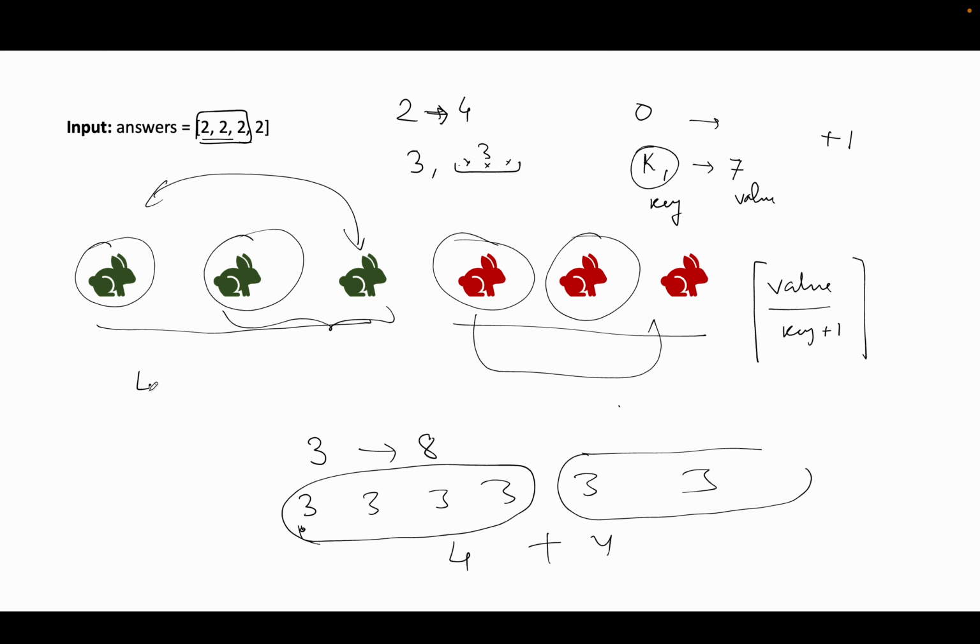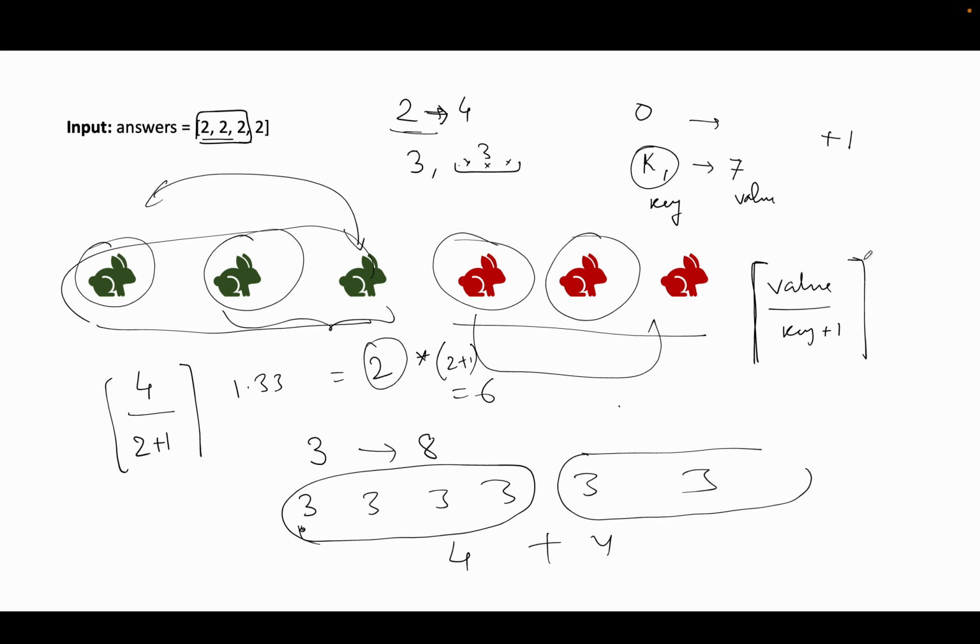So 4 divided by 2 plus 1 and ceiling. So it's 1.33. So 2. So we have to repeat this 2 times and then multiplied by again key plus 1, that is 2 plus 1. So 6. So the general formula is value divided by key plus 1, ceiling of that multiplied by key plus 1.